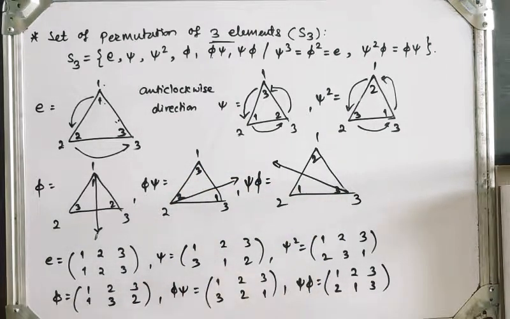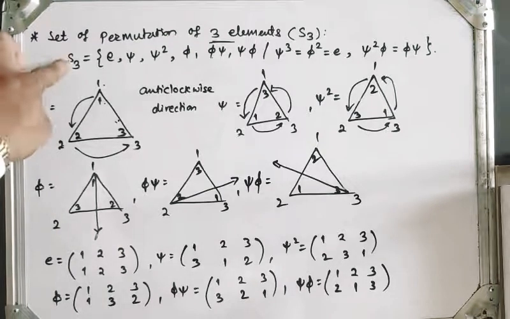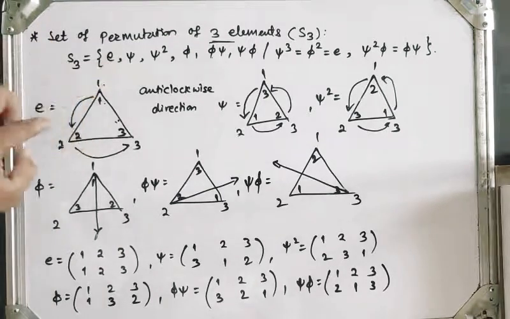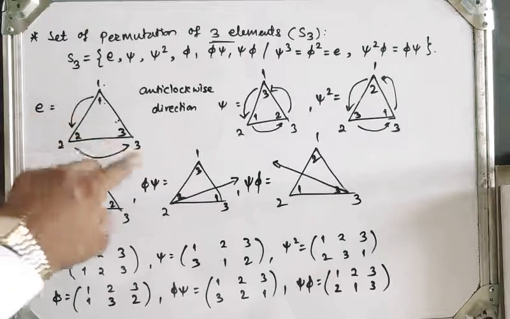These are all 6 elements. So I will write S3 is equal to identity, meaning 1 goes to 1, 2 goes to 2, 3 goes to 3.